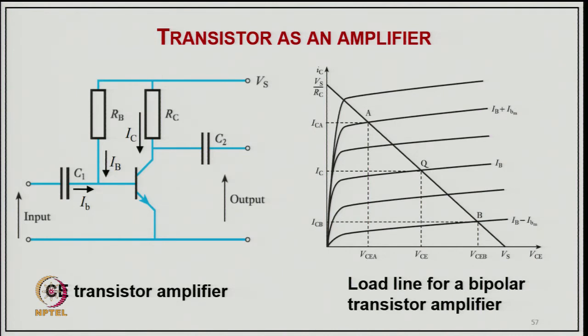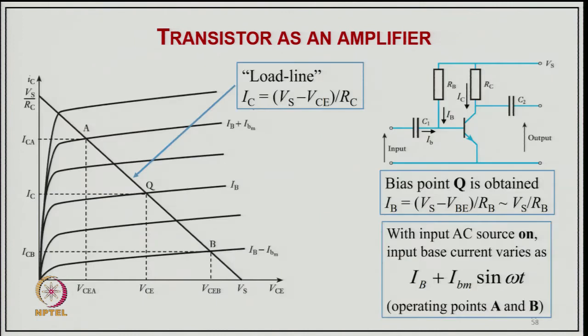On this, Q is the quiescent point where only the DC signal is flowing, but over it you will have an AC going up and down, but it always remains positive, and similarly it goes up and down over the quiescent point on the upper side. The AC signal will be moving on this line, which we call the load line for the bipolar transistor amplifier.